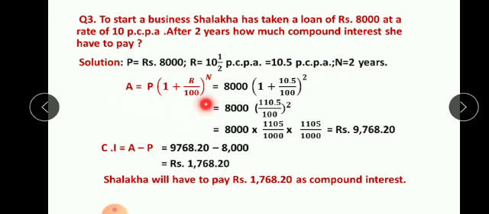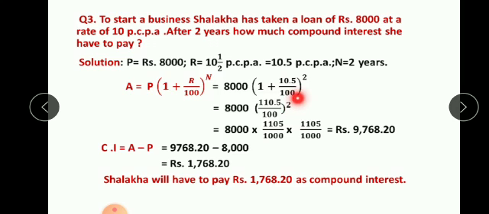So use the same formula and substitute the value of P as 8,000 and 1 plus, now R is what? 10.5. 10 and half means 10.5 upon 100 and its square, N is equal to 2. Now again do cross multiplication. 100 into 1 is 100. 100 plus 10.5 means 110.5 upon 100.